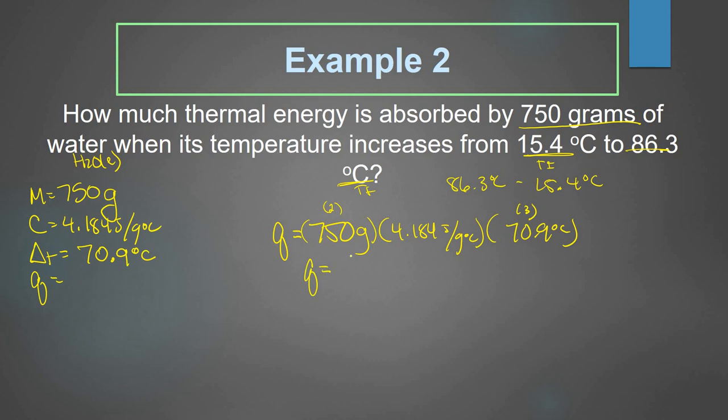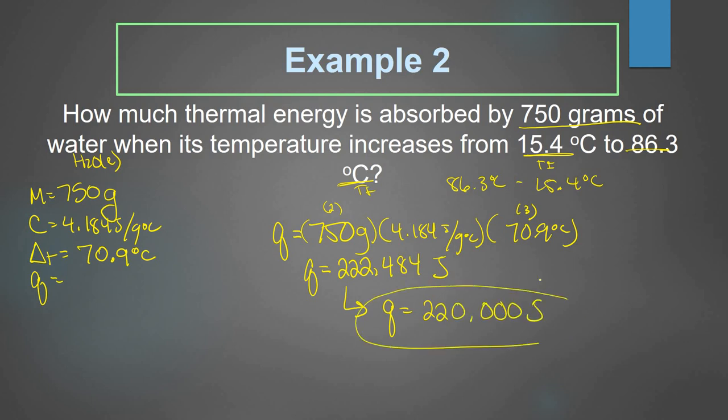When we calculate this out, you get a positive, but with sig figs we would change this to 220,000 joules so that we have the right number of sig figs. So it would take 220,000 joules of energy to raise these 750 grams of water by 70 degrees Celsius. It would take a lot of energy to raise it by that much.